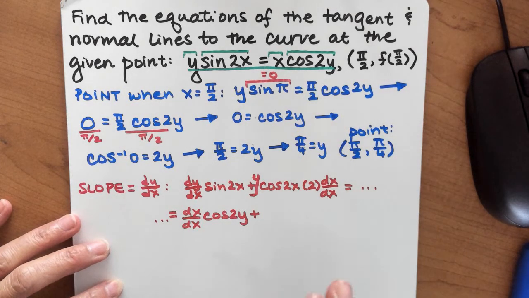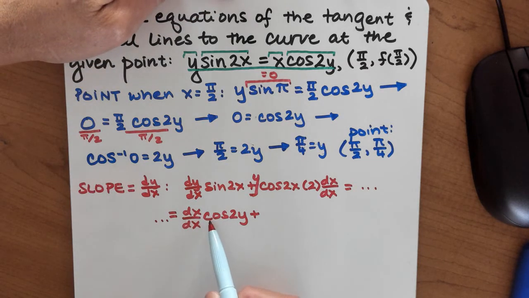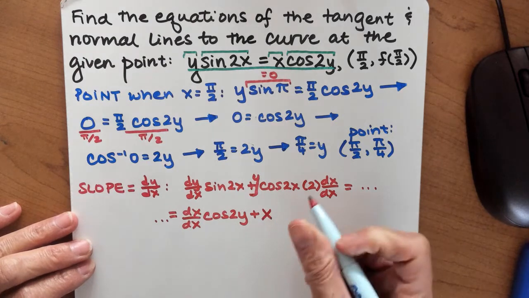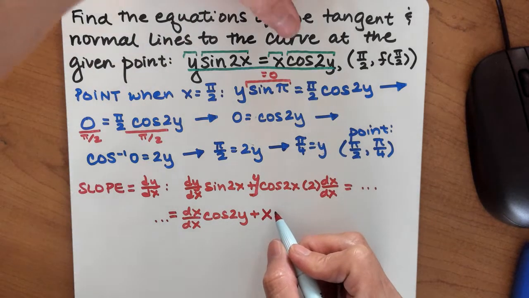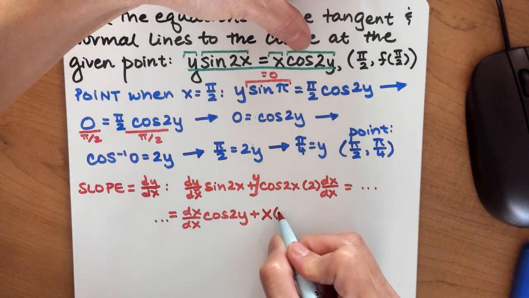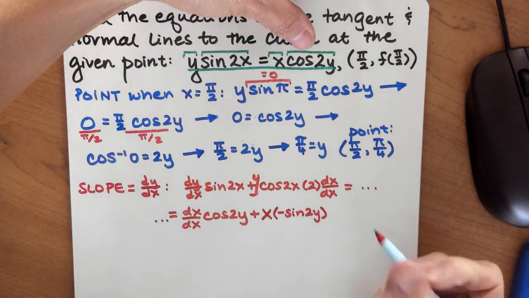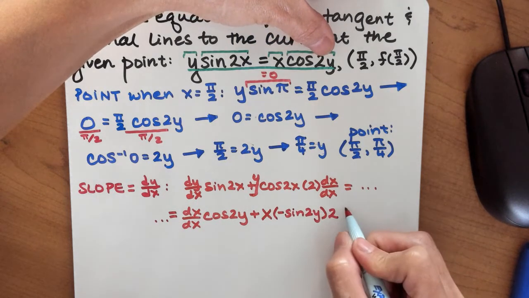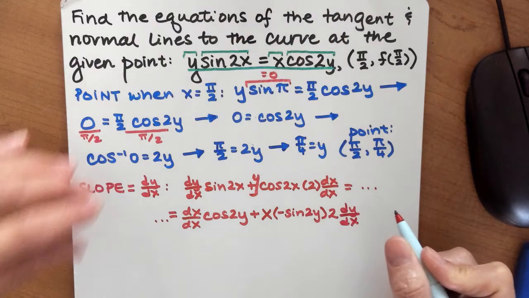Okay, let's go back to the right side of the equation. I have the derivative of x times cosine 2y plus x times the derivative of cosine 2y. So, the derivative of cosine is negative sine, also of 2y. The derivative of 2y is 2, and then the derivative of y is dy dx.